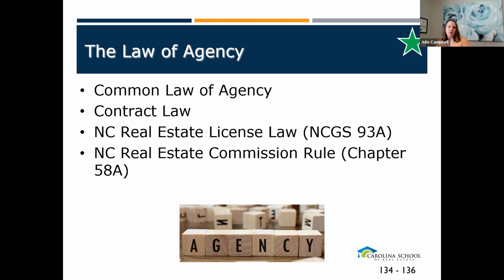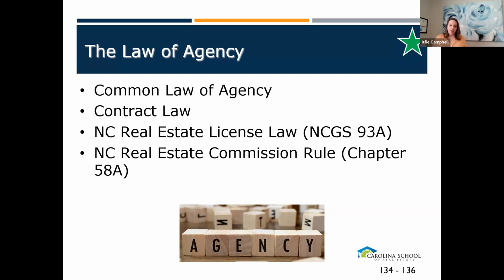Law of agency also comes about from contract law, previous lawsuits, previous court cases. Your book on page 135 has a story about the Adena lawsuit. And I think you guys should read it because this helps us understand how we have agency today, where we're at today.